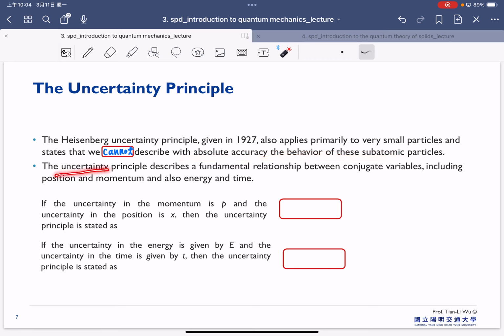So the uncertainty principle describes a fundamental relation between the variables, including position, momentum, and also energy and time. So there are some formulas shown here.